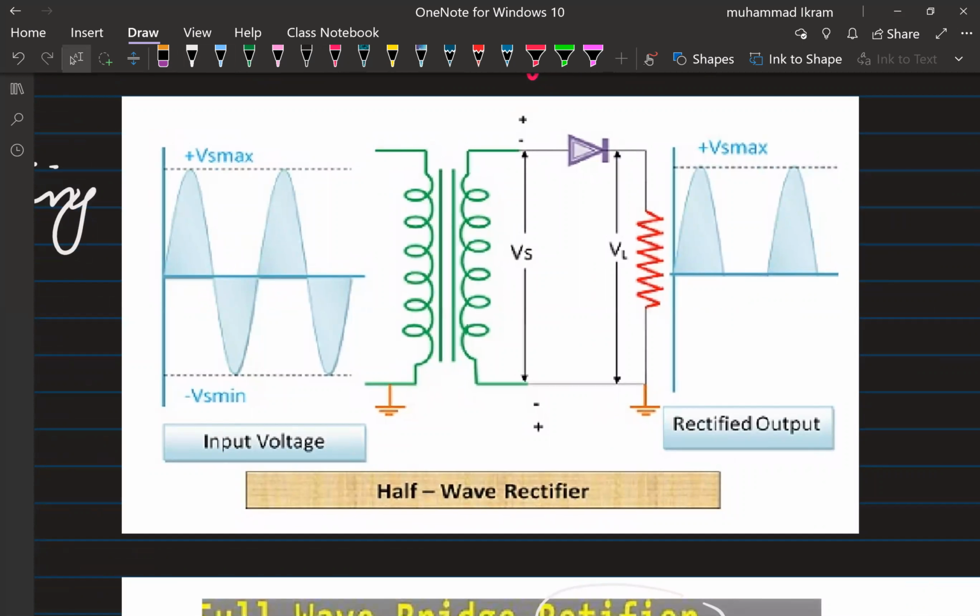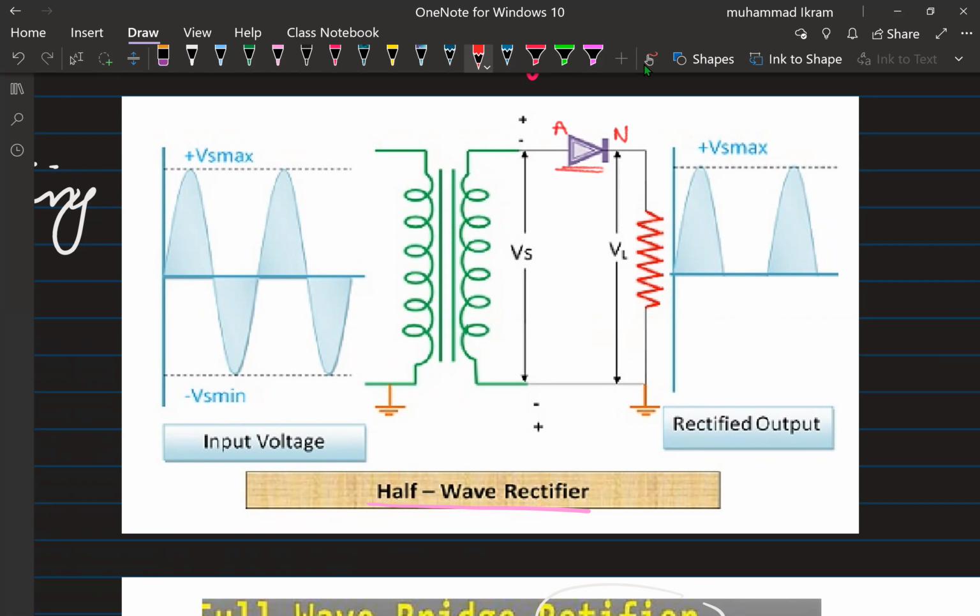Here you see a simple diode. I'm explaining to you the half wave rectifier. It consists of a diode. You see the electronic symbol of the diode here, this is the P side, the anode of the diode, while this is the cathode of the diode.